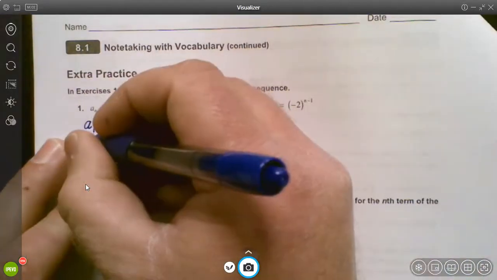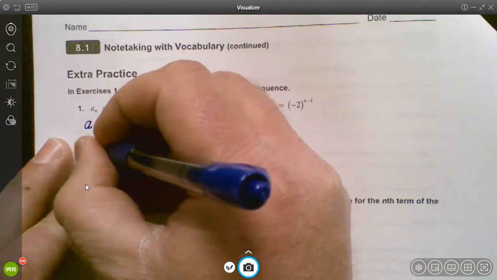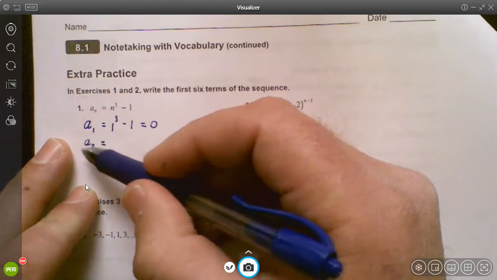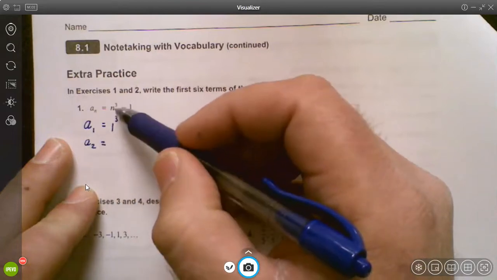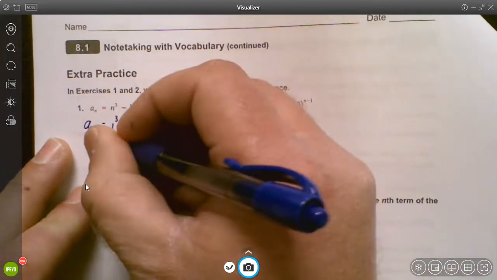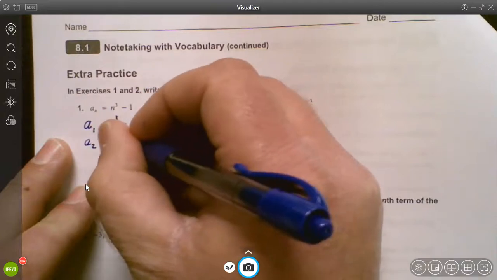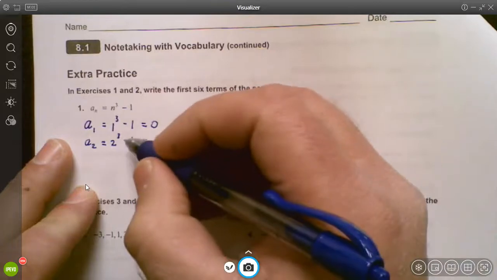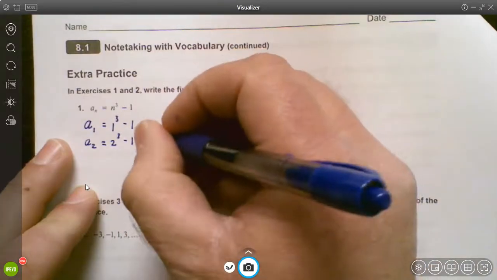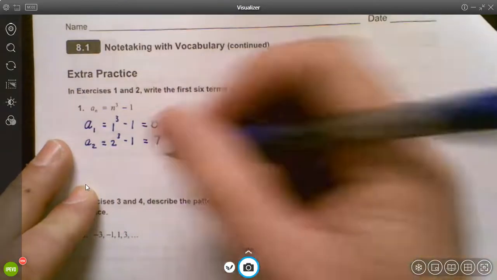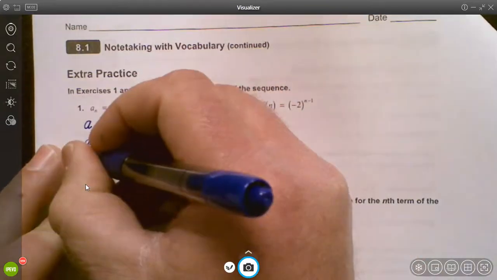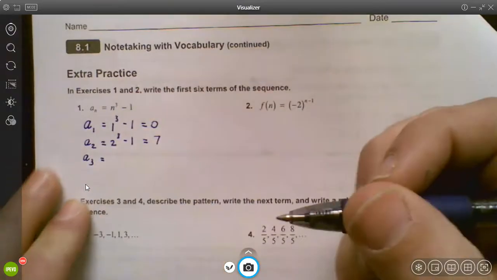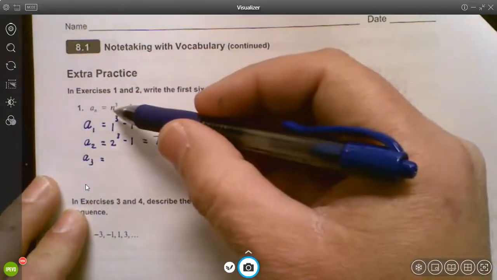If I want the second term, then I'm going to plug in a 2 for n. So this now means the second term. And if I plug in a 2 for n, it's going to say 2 to the third minus 1. Well, 2 to the third is 8, minus 1 would be 7. And this could keep going. Let me just do 1 or 2 more. So if I wanted to find the third term, then I plug in a 3 for n.